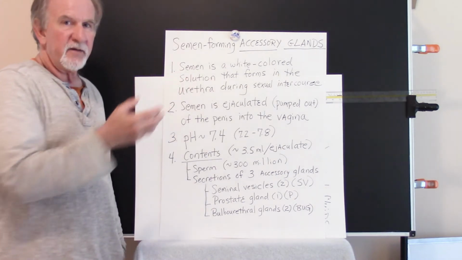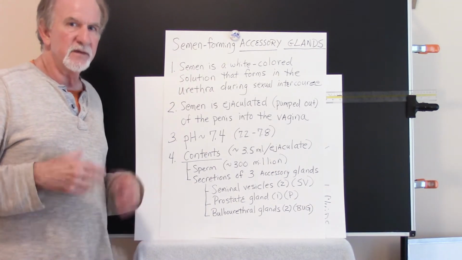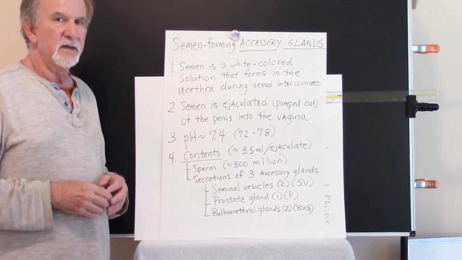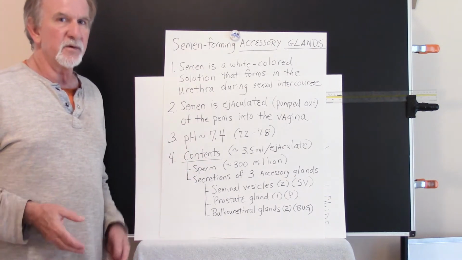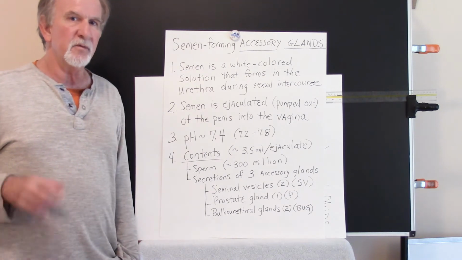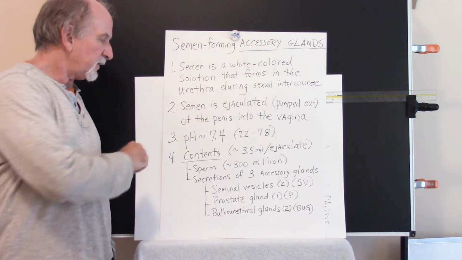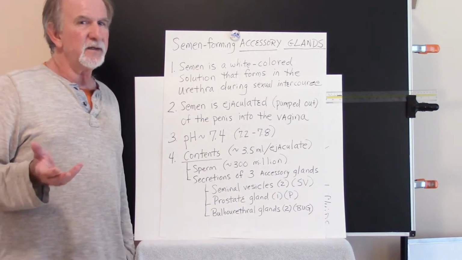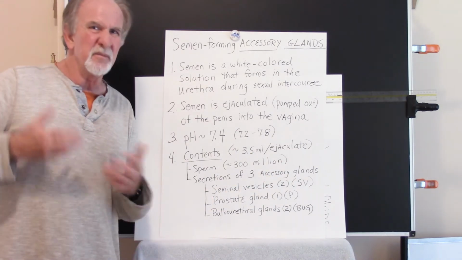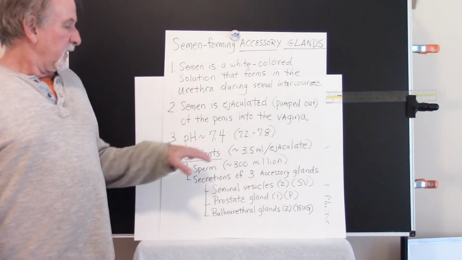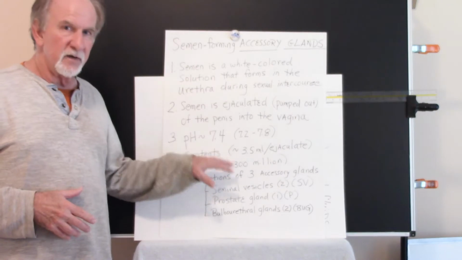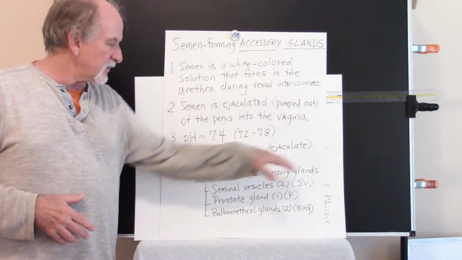So within 3.5 mils or so of semen, you'd find sperm cells, and there are a staggering number of sperm cells in the typical male ejaculate, probably upwards of 300 million. That's about 50 million or so, say, per mil. In addition, semen contains the secretions of 3 accessory glands.